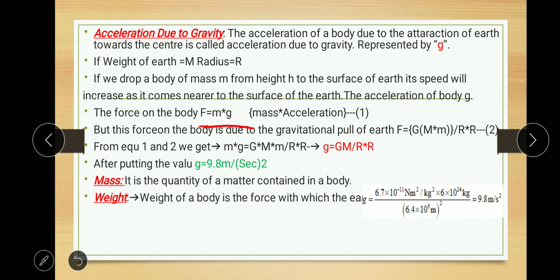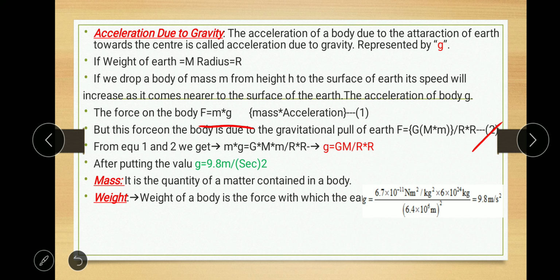But this force on the body is due to the gravitational pull of Earth. Newton's law of gravitation: F equals G M m by r square. So this is equation 2 and this is equation 1. These two forces are equal, so equation 1 equals equation 2. Put the value of equation 1, mg, and the value of equation 2, G M m by r square. Cancel m and m.